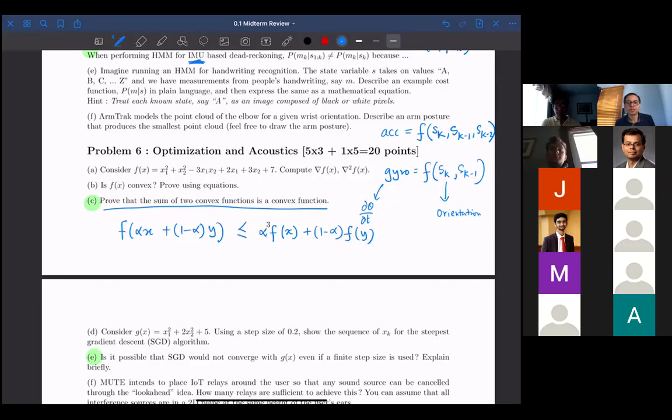This is a convex function because this is a chord between x and y. And then if you take g, that's also a convex function.